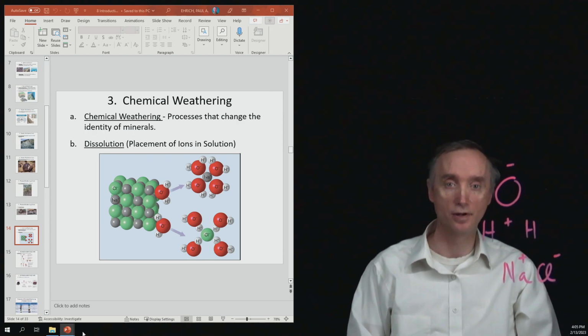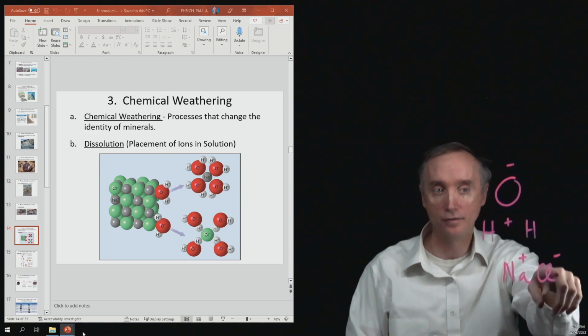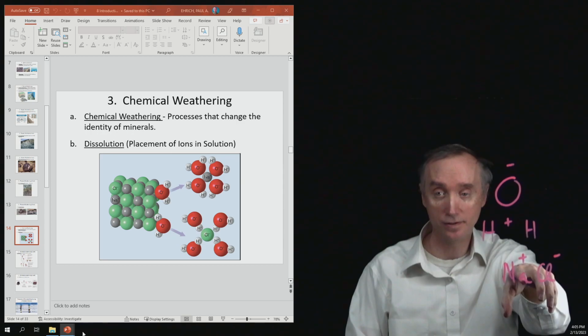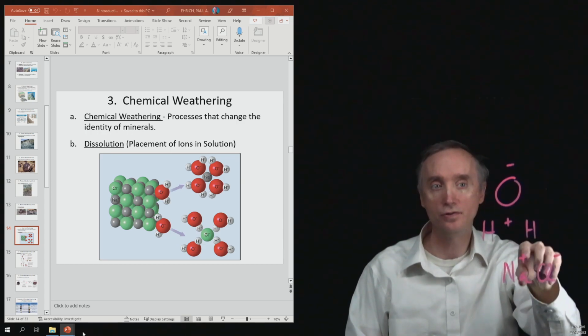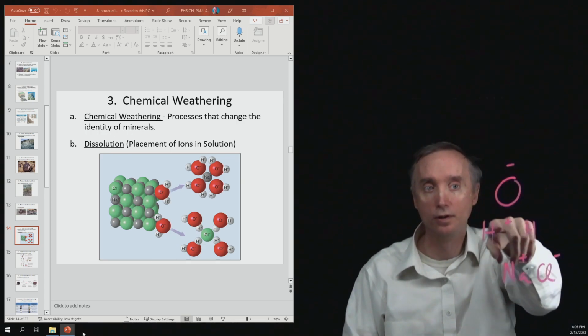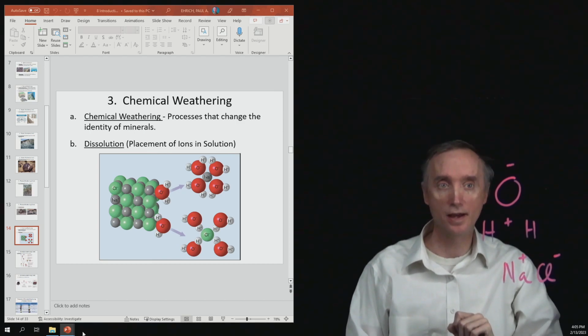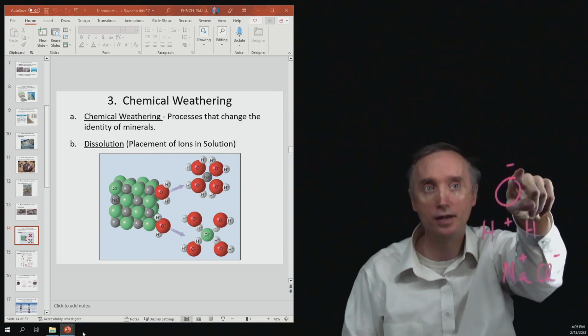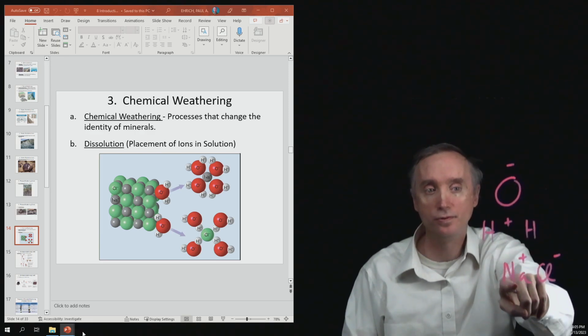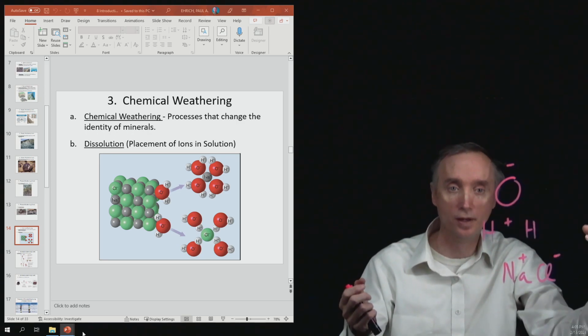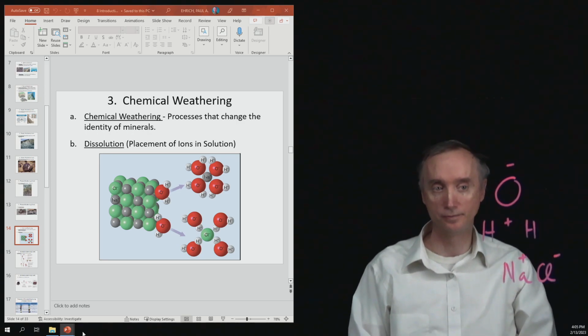Opposites attract. So what would happen if you've got a crystal made of NaCl, halite, and you put it into this polar water? The negative end of the water is going to be attracted to the positive sodiums, and they're going to pull them out of the salt crystal.